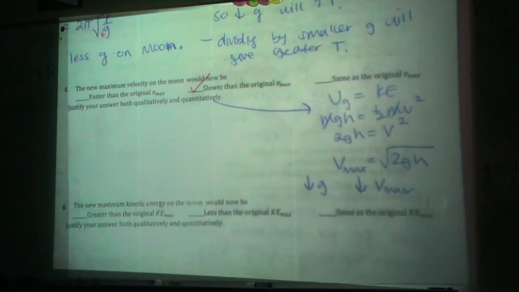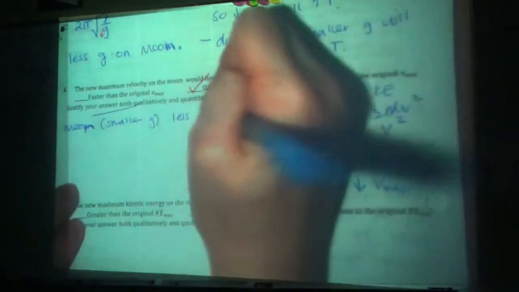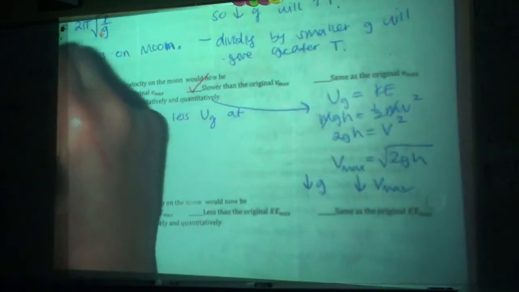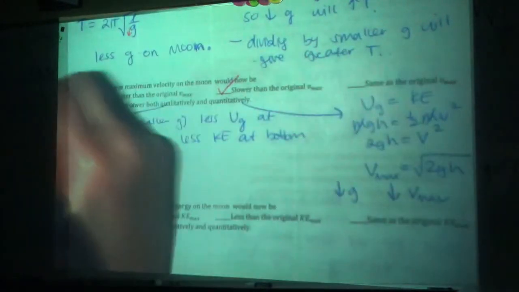And then your qualitative answer is that with a smaller g, you have less potential energy at the start, even though it's the same height and the same mass. If you decrease g, you're decreasing the potential energy, so you'll have less kinetic energy at the bottom of the swing.